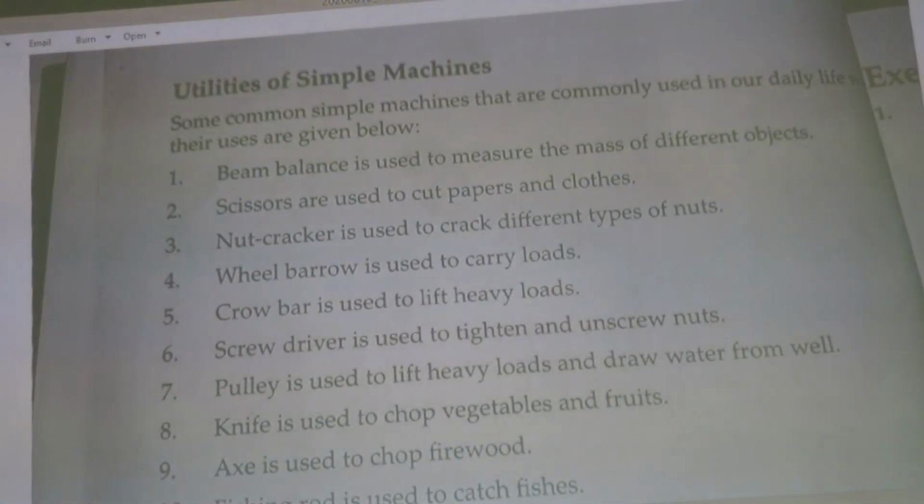Crowbar is used to lift heavy loads. Screwdriver is used to tighten and unscrew. Pulley is used to lift heavy loads and draw water from the well. Knife is used to chop vegetables and fruit. Axe is used to chop firewood and fishing rod is used to catch fish.